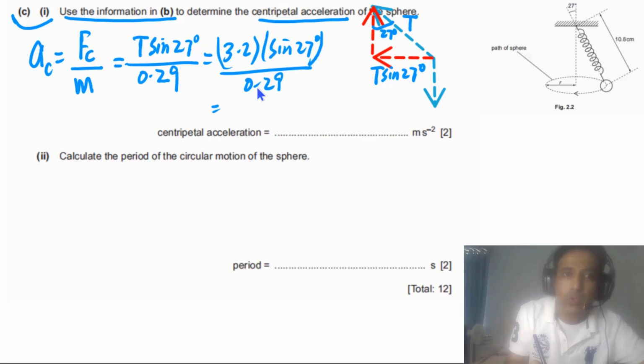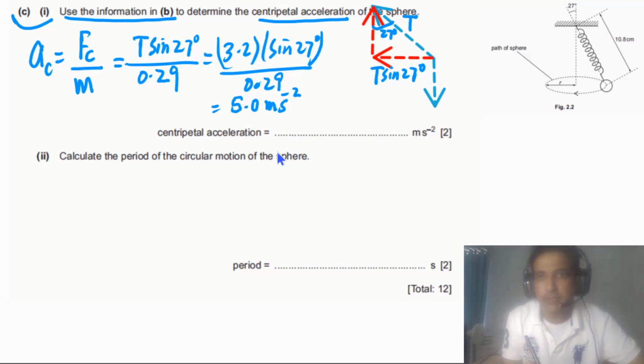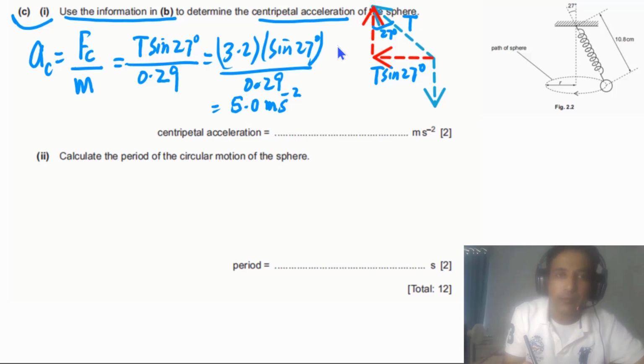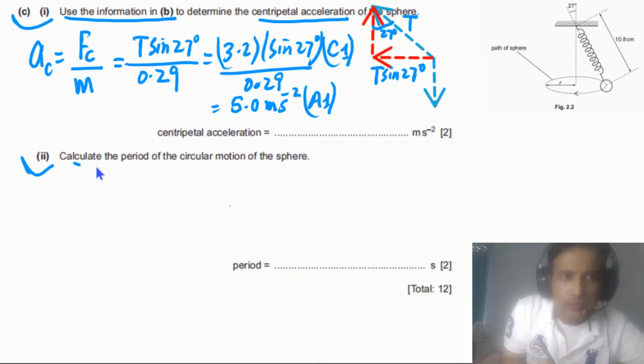Now if we solve this, our answer should be equal to 5.0 meters per second squared, up to 2 SF. So this is our final answer, and this question has 2 marks. If you have written this step, you will get 1 C mark, and if you got the right answer, you will get 2 marks.